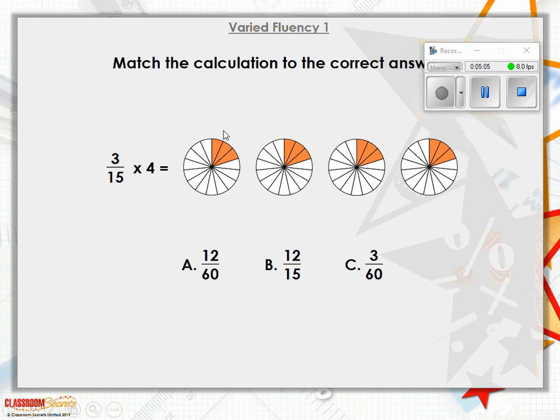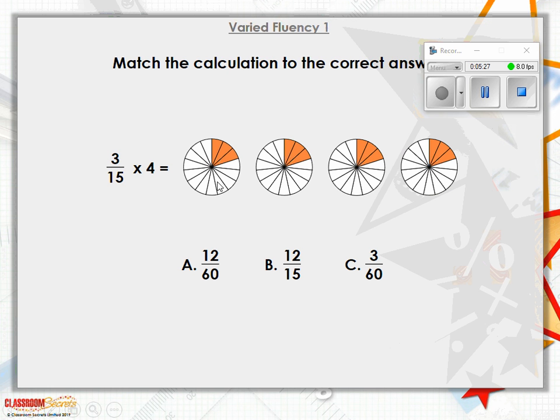Now what you've got here, match the calculation to the correct answer. You've actually got pictorial forms, you've got some diagrams representing the fractions. 3/15 times 4. Now this is being represented as a form of repeated addition.